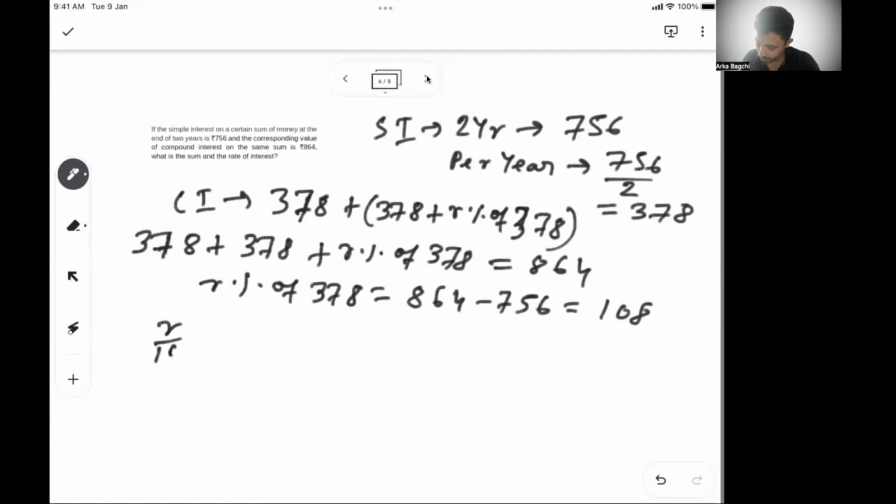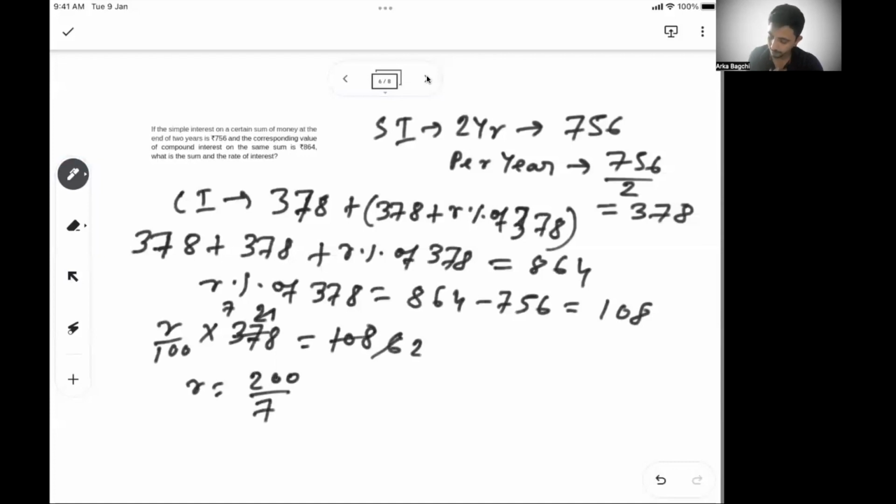So R by 100 into 378 is 108. If you divide by 18, so 18 by 6, 21, right? Divide by 3, 3 by 2, 7. So R is 200 by 7. Okay, R is 200 by 7.